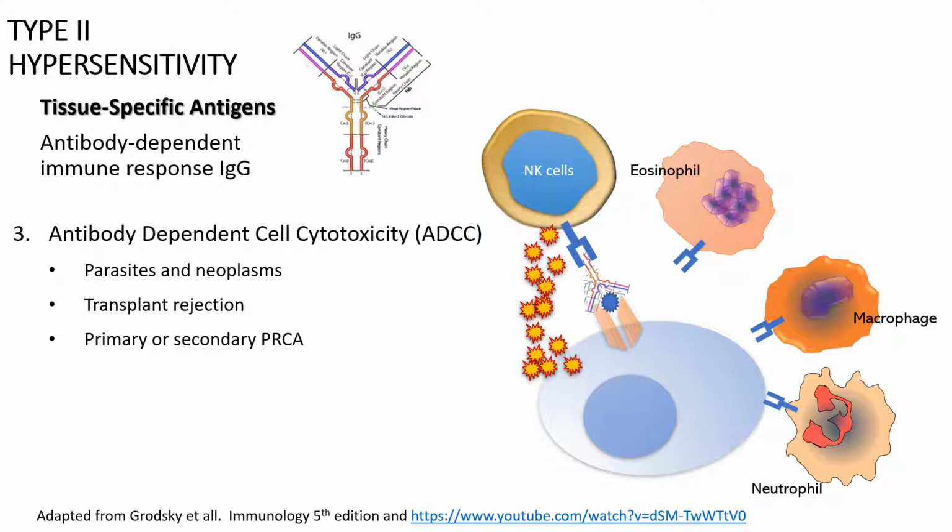Now, this can also occur in drug immunogenicity, for instance, with epoetin. Epoetin is a growth factor that stimulates red blood cells, but if the patient develops antibodies to the drug that are bound to the red blood cells, it can cause pure red cell anemia.